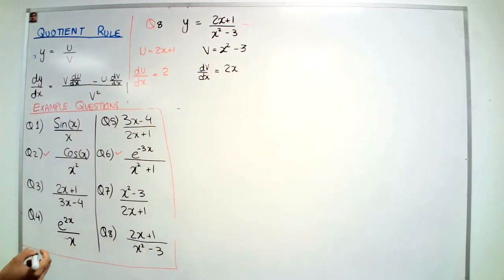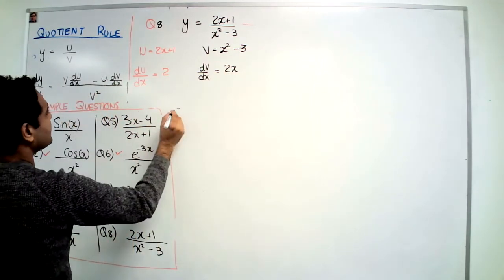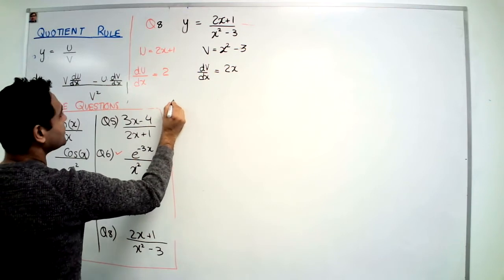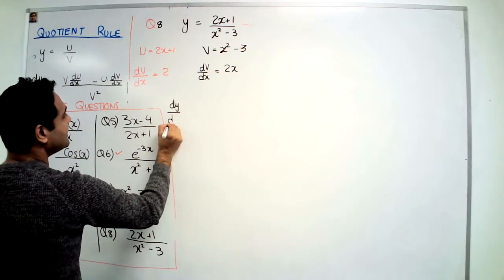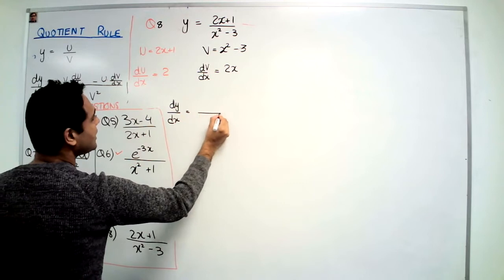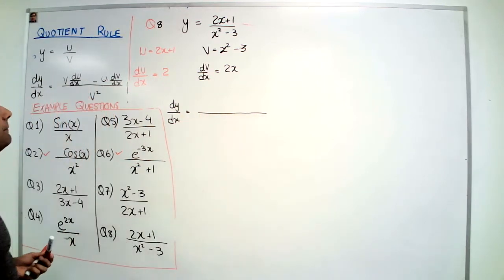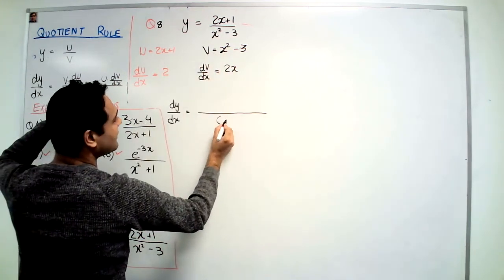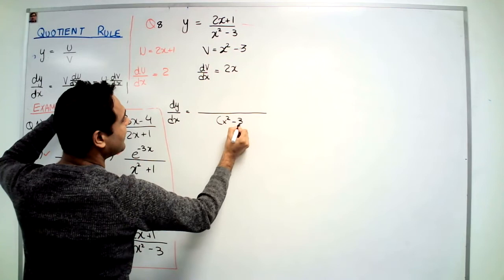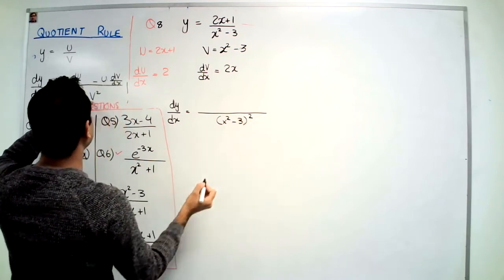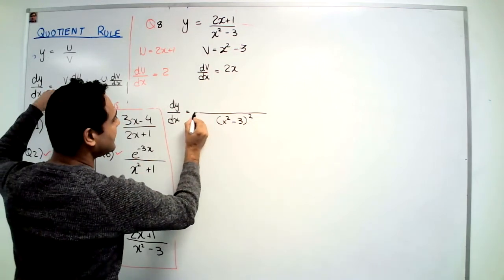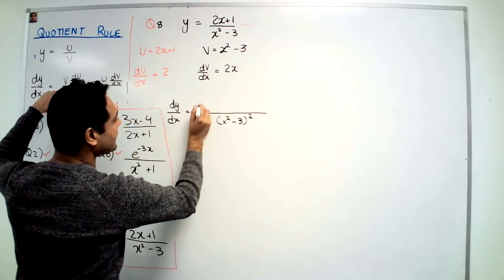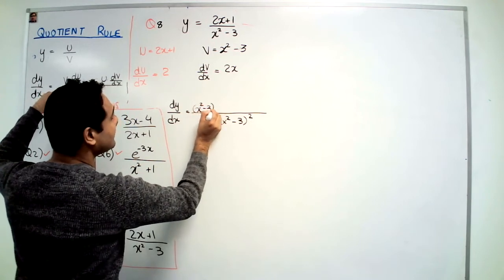Now what I need to do is apply this quotient rule. So dy over dx is equal to, what's the v? V is x squared minus 3, so I need to square that one. x squared minus 3, and then I need to square that one. And then I need to put the v here, x squared minus 3.